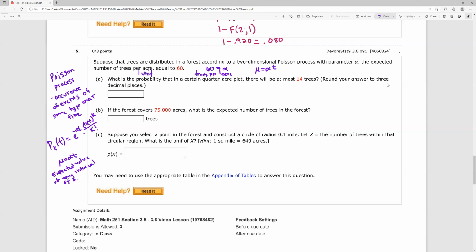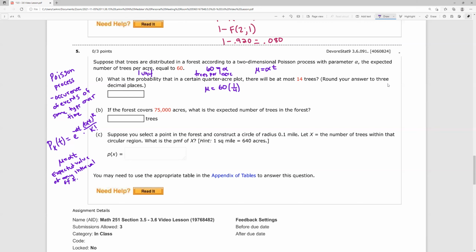Now, this first question then is going to make us immediately calculate a mu based on a different measure of area. Okay, we're still talking about an acre, but we're not doing 1 acre. So it says, what is the probability that in a certain quarter acre plot? So quarter acre, what would we expect in a quarter acre? Well, we would expect the 60 parameter that we had in a 1 acre, and we're going to cut that by a quarter of an acre.